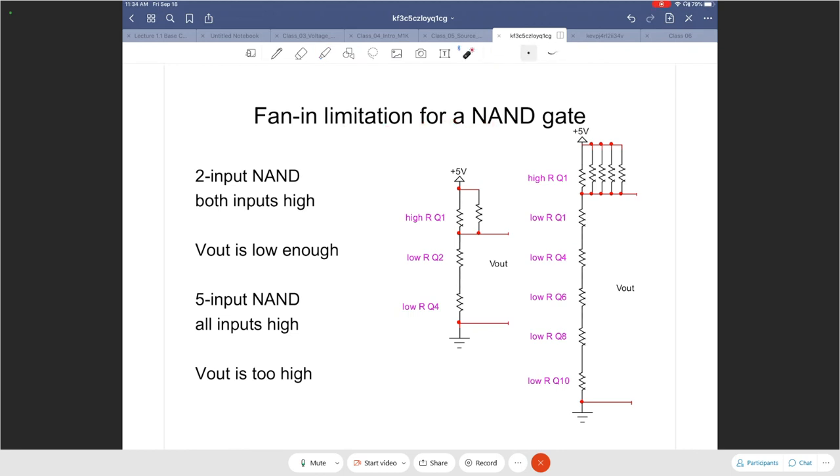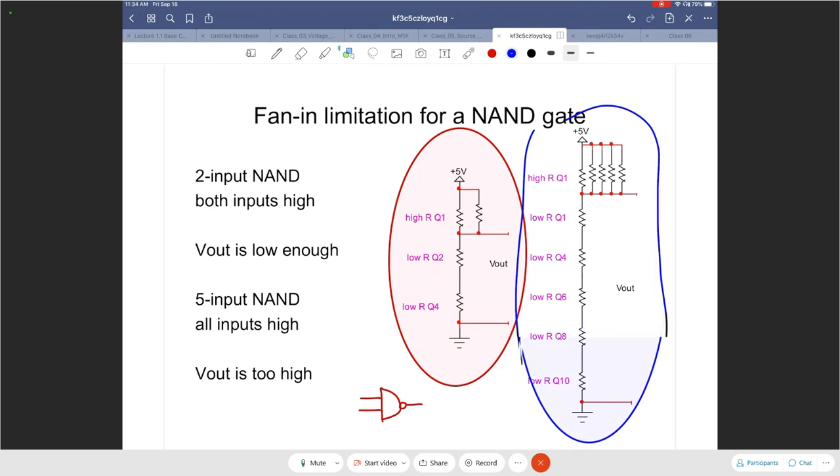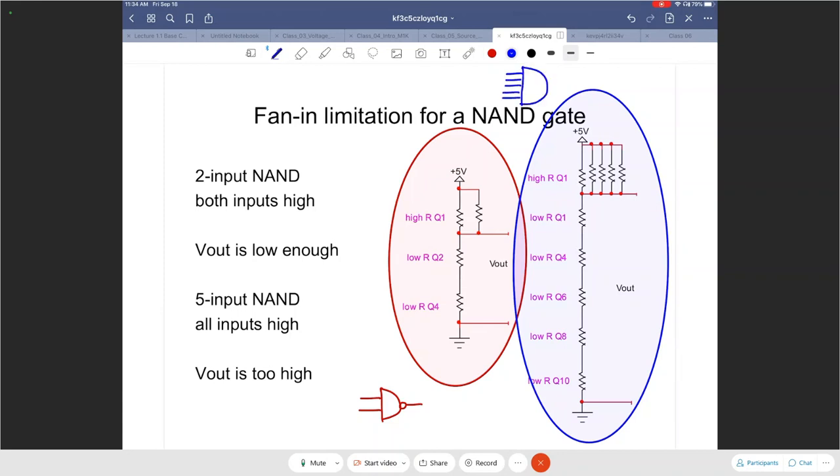What you have is a NAND gate, and you have two of them actually. This guy is a 2-input NAND gate, and the other guy is a 5-input NAND gate: 1, 2, 3, 4, 5.